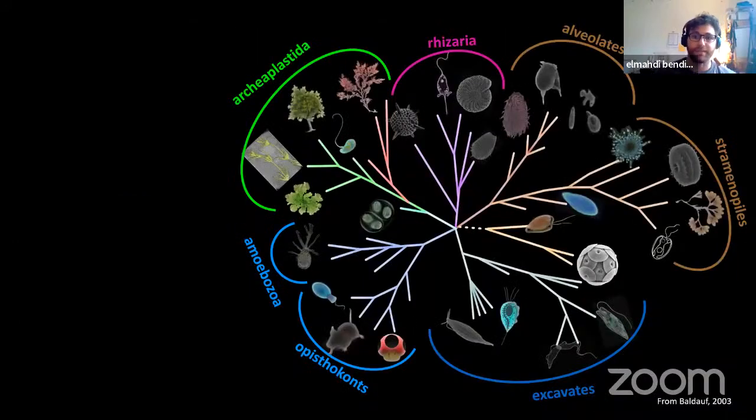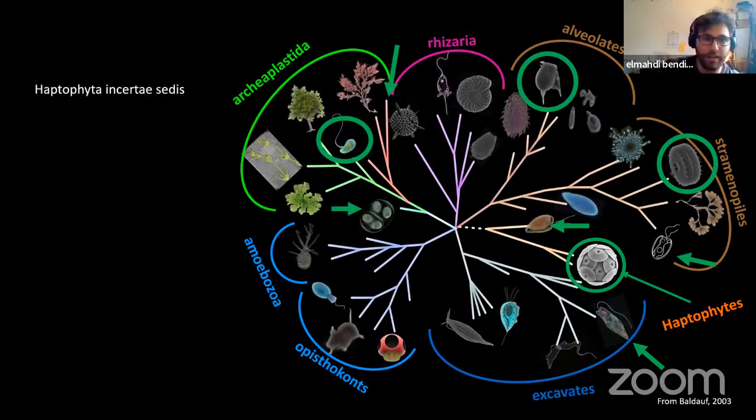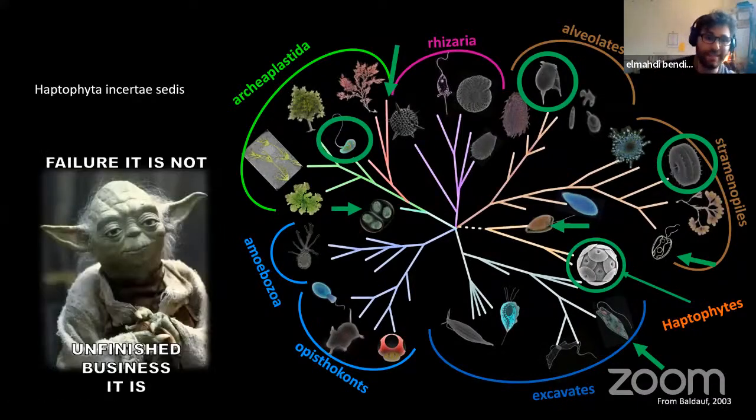So if we look now at the diversity of the eukaryotes, phytoplanktons are quite diverse for sure, and they are spread along that tree. We can see with green arrows or circles some main groups where we can find phytoplanktons. And the haptophytes in here, where the coccolithophores belong, are part of a branch that is still not well resolved. So definitely, it's not a failure of molecular biology.